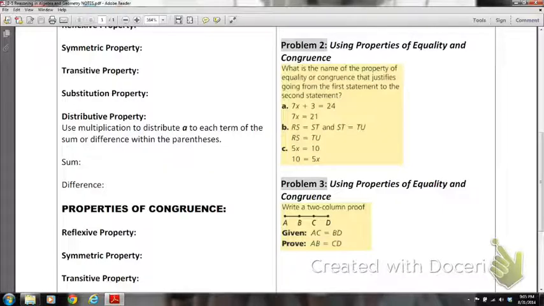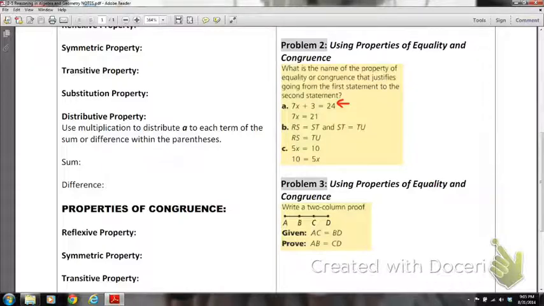In problem 2, it just wants you to use the properties of equality and congruence. What is the name of the property of equality or congruence that justifies going from the first statement to the second statement? So let's look at A. A says that 7x plus 3 is equal to 24, and then the next statement indicates 7x equals 21.